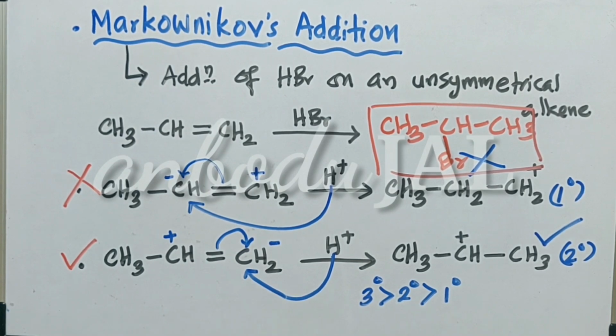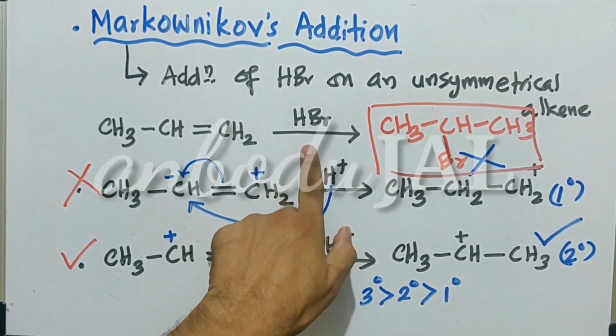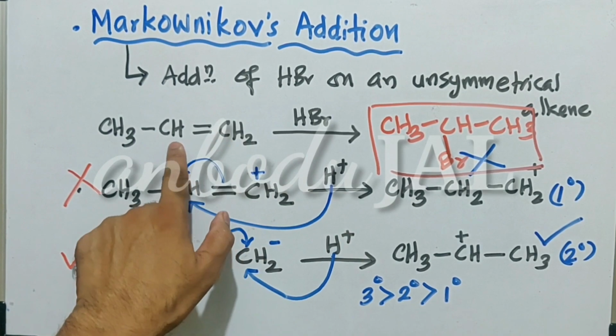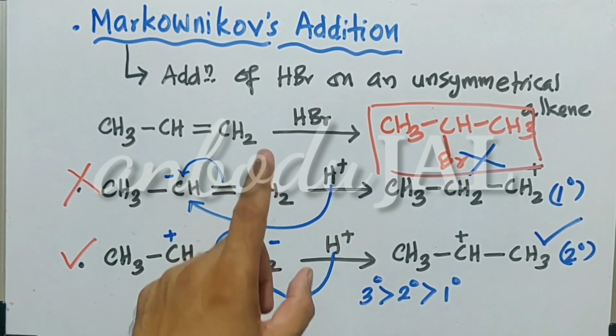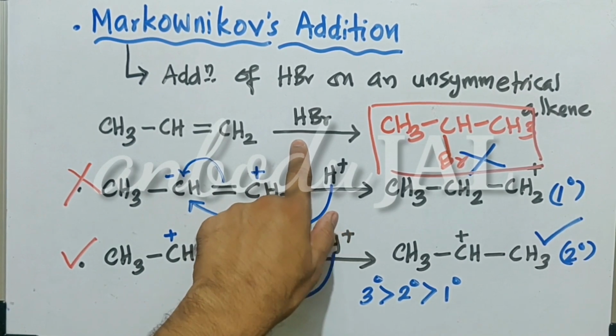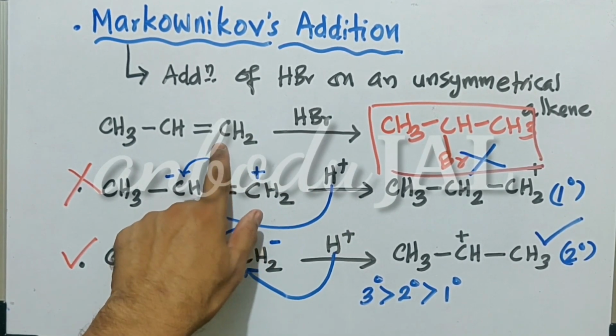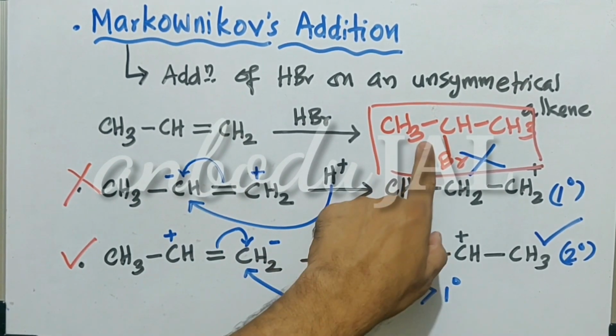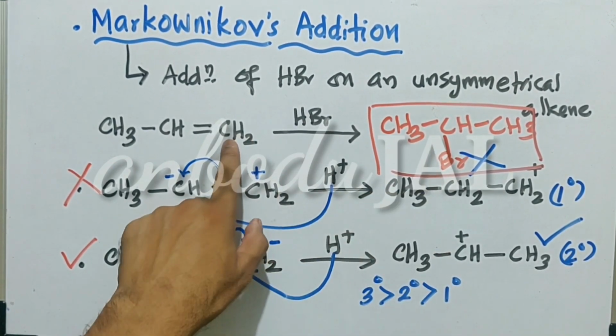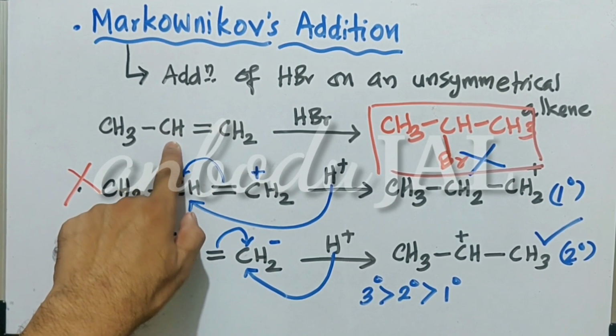What is Markovnikov's rule? If HBr is added on an unsymmetrical alkene, H plus, or the positive part of HBr, will go towards the carbon carrying the maximum number of hydrogen atoms. Okay, listen, in this product, here 2 hydrogen atoms, here 1 hydrogen atom.